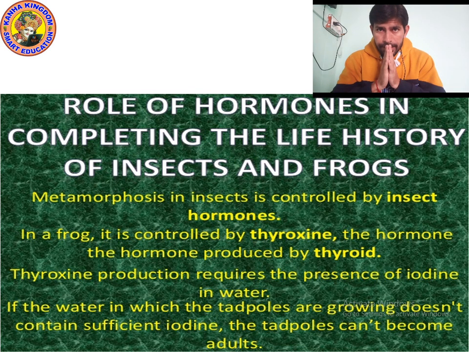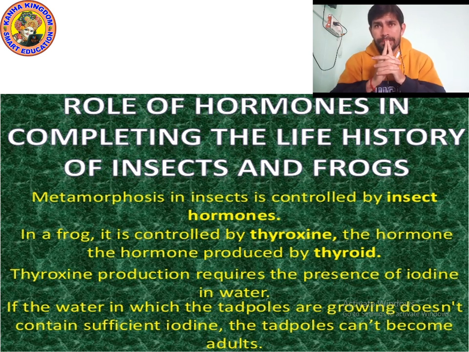Let's study the role of hormones in completing the life history of insects and frogs. What is the role of hormones in frogs and insects? As you know, metamorphosis means converting larva into adult.